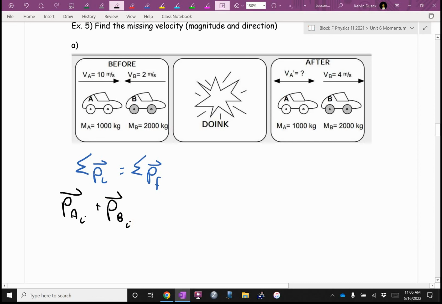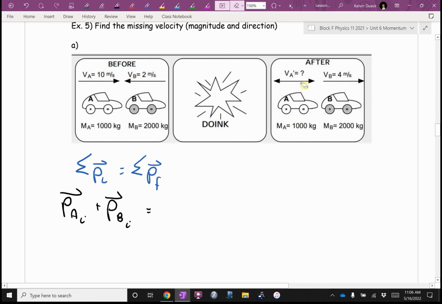Wham! They collide. After the collision, what's moving, Fahim? Car A, car B, both, or neither? Well, definitely car B, because it has a given velocity.